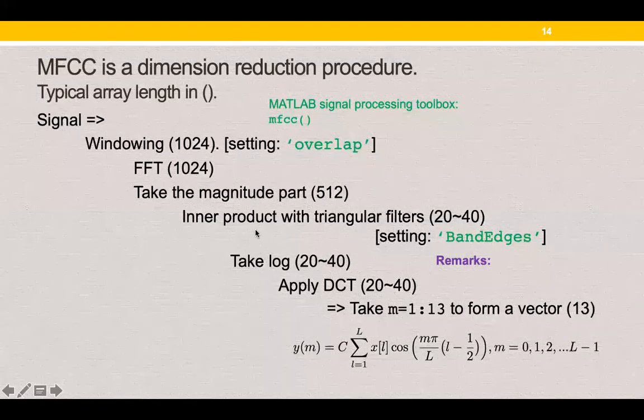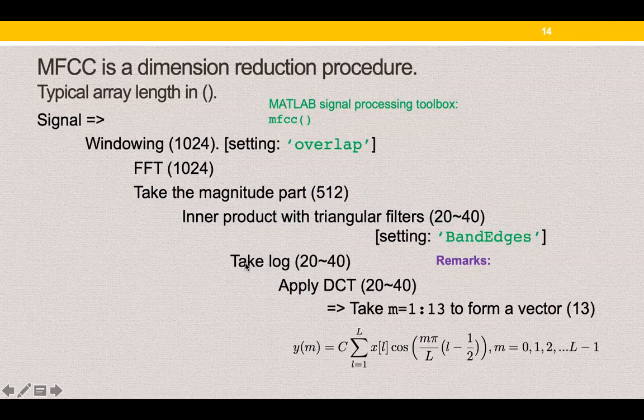After taking the band energy, we take the log. Remember that we take log to enlarge the tiny part. After taking log, we apply the final step, DCT. Since it is a unitary transform, it preserves the dimensionality. So if it was 20 for the input, 20 in the output; 40 in the input, 40 in the output.